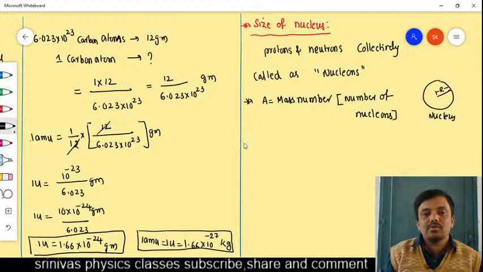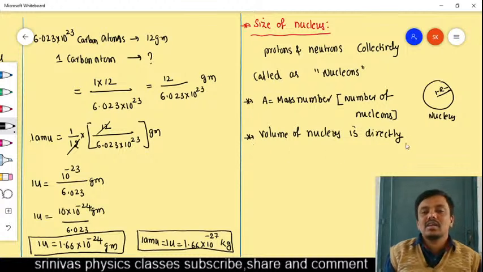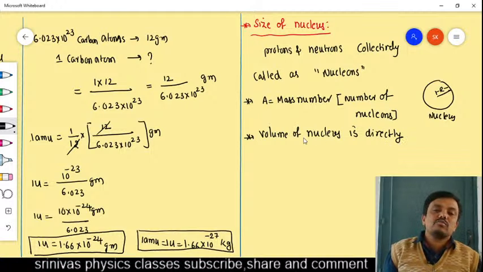The volume of the nucleus we can tell as the size of the nucleus, or the radius of the nucleus we can tell as size, and if the volume of the nucleus is more, it means the size is more. Size is measured in terms of volume.